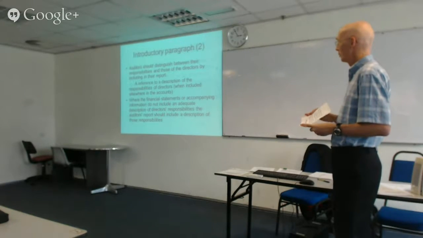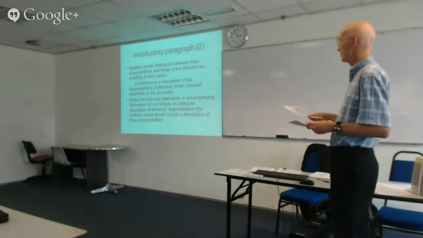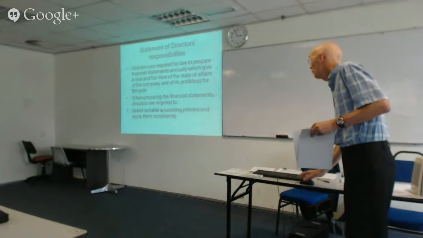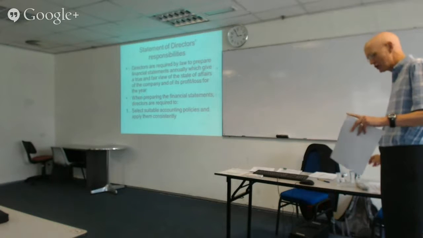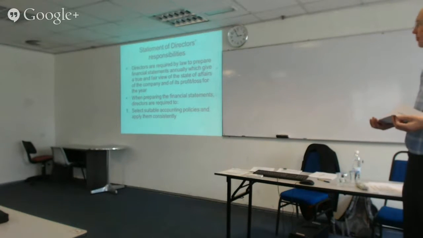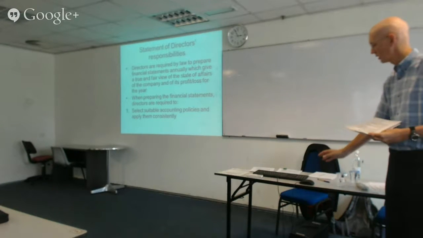Same point really, that point 1, distinguishing between audit and director's responsibilities. What are directors there to do? Let's just have a minute to read that. So they produce the accounting framework.